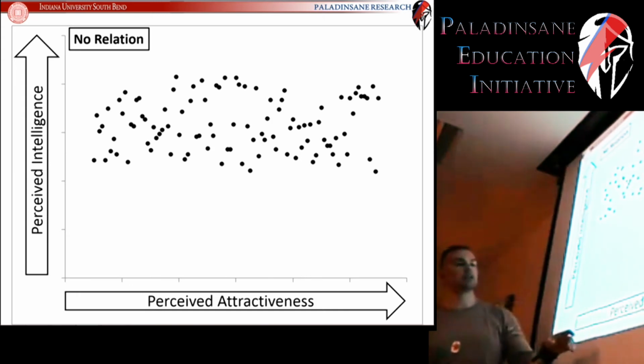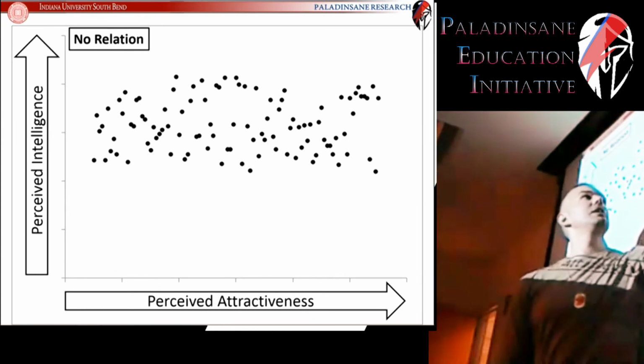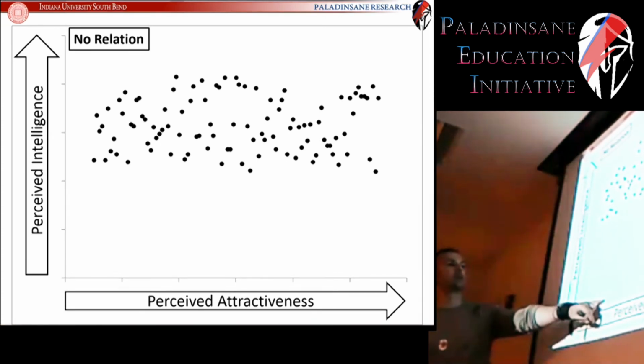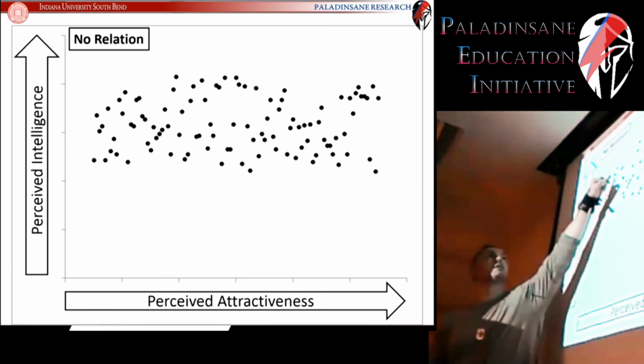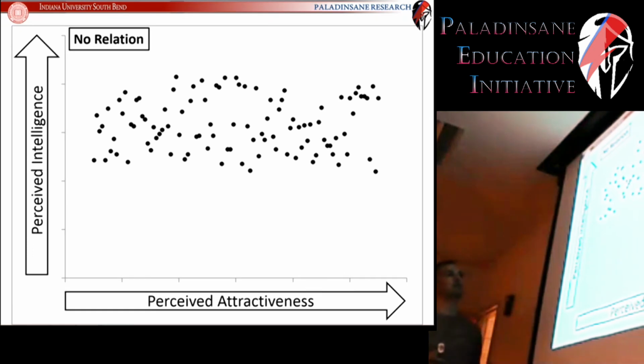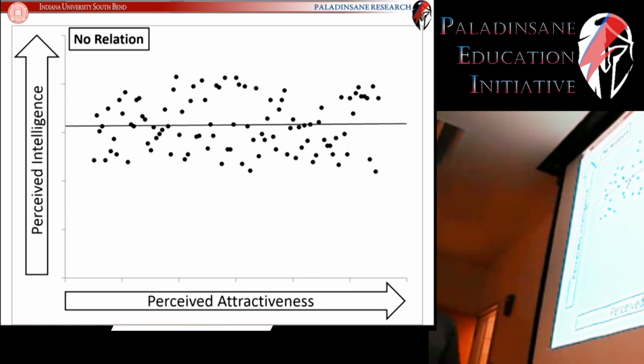If you know that somebody is high in perceived attractiveness, they could be high in perceived intelligence, they could be low. If you know that they're low in perceived attractiveness, they could be low in perceived intelligence, they could be high. They're not related. And if we were to fit a straight line to this cloud of points, it would be flat, indicating that there's no relationship whatsoever.